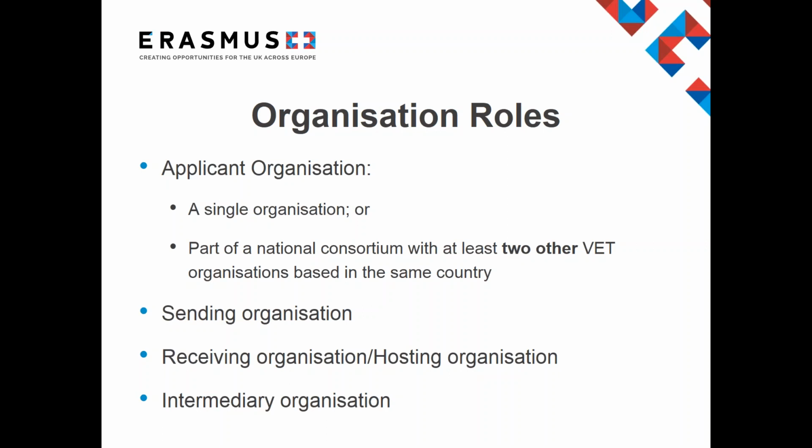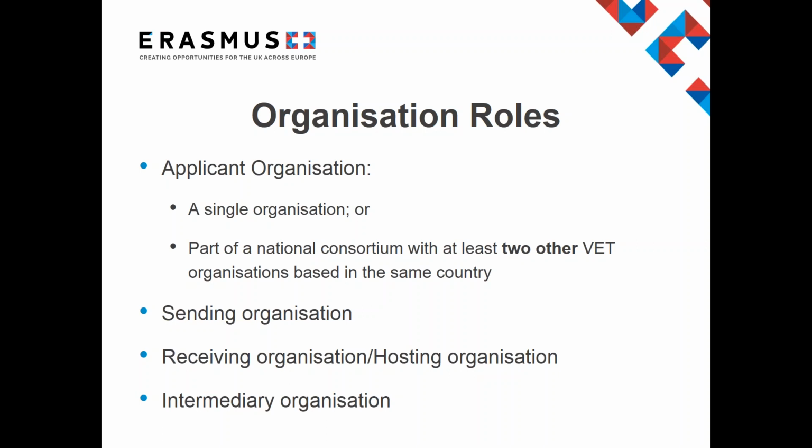There are various roles that participating organizations play in the implementation of a VET learner and staff mobility project. I will outline these and the responsibilities that each one should undertake. Firstly, we'll talk about the applicant organization. This organization is in charge of applying for the mobility project and, if this is successful, signing and managing the grant agreement and reporting.